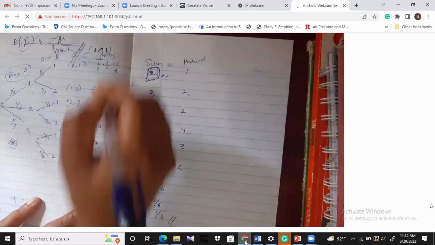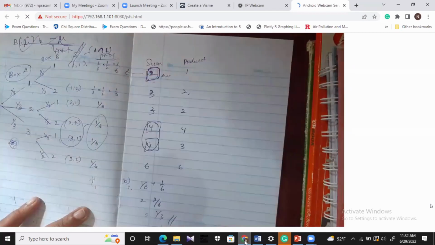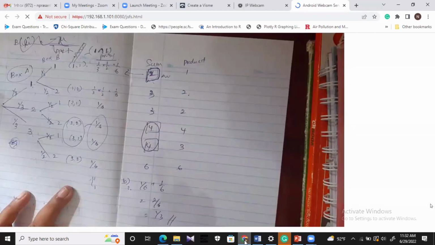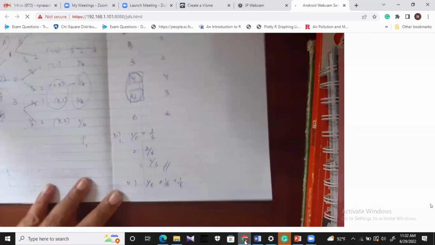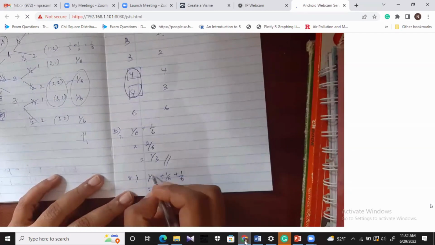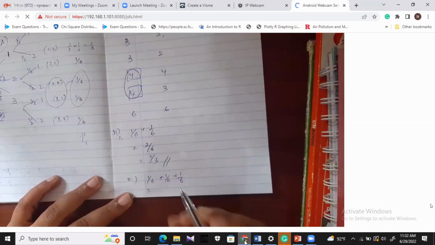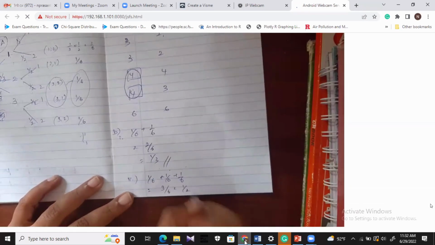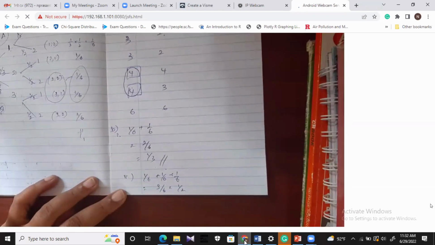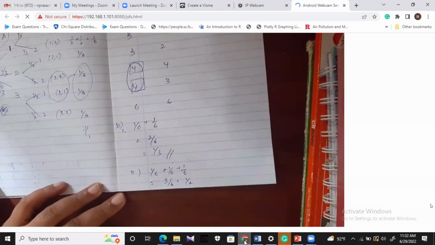The probability of getting the sum as 2, 4 and 4 is 1 over 6 plus 1 over 6 plus 1 over 6, that's going to be 3 over 6. Finally, it is 1 over 2, half. Right? So this is really easy to solve. Okay, this is a very simple question.